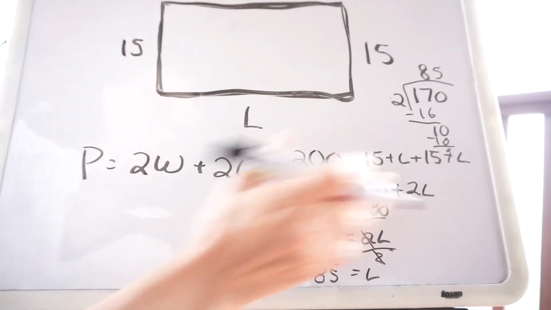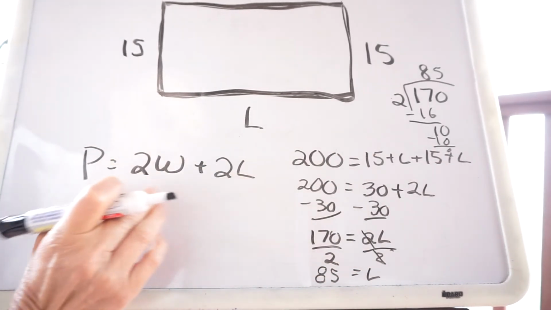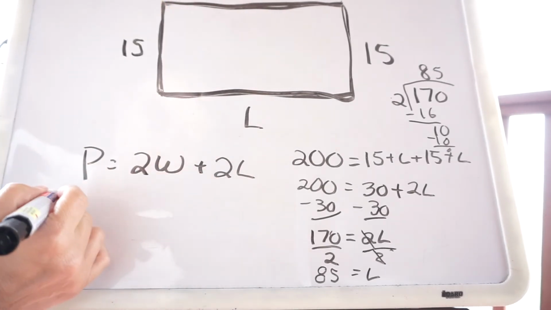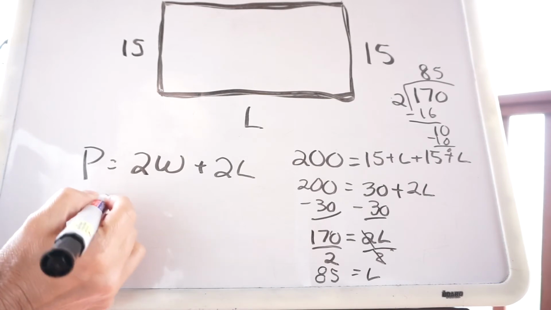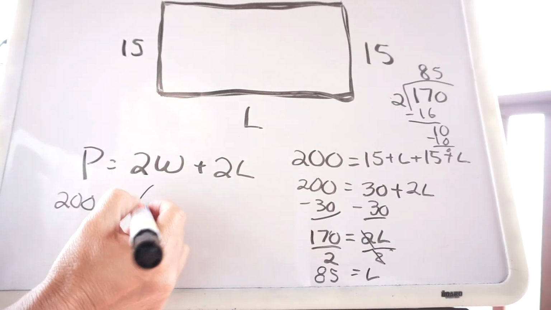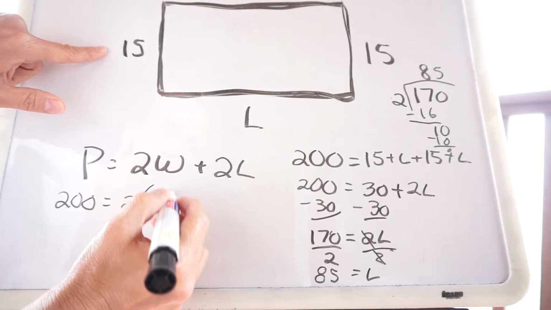So this is just that one thought process. This is if you remember that formula, but again, we're just going to plug in. We're going to get the same answer, and it's going to look very much the same as soon as we start. 2 times W, well, what was the width? 15.